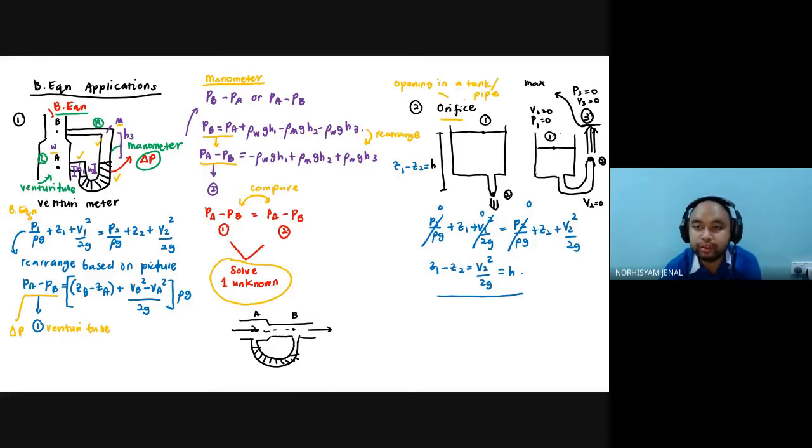For example, here we have a tank filled with water, and water flows from point 1 to point 2, to point 3 over here. In this question, flow goes from top to bottom due to gravity.